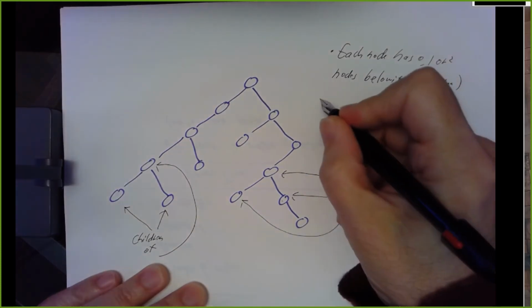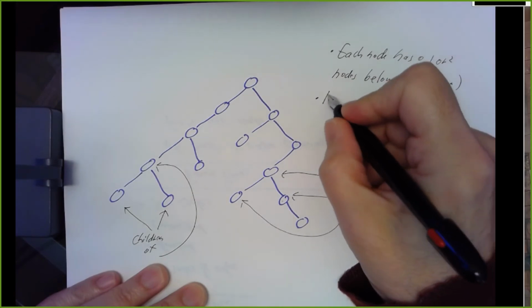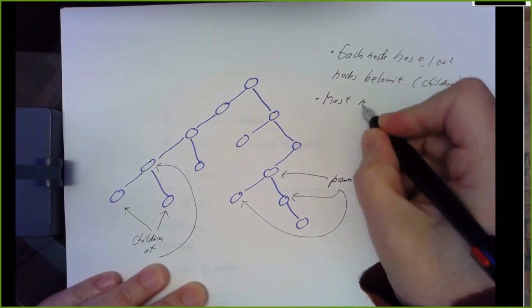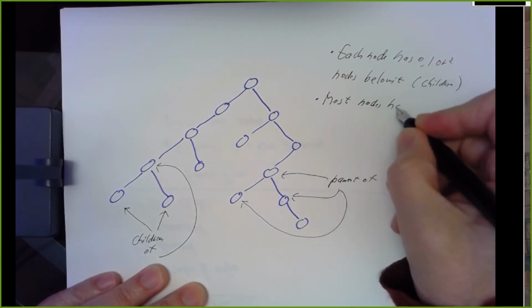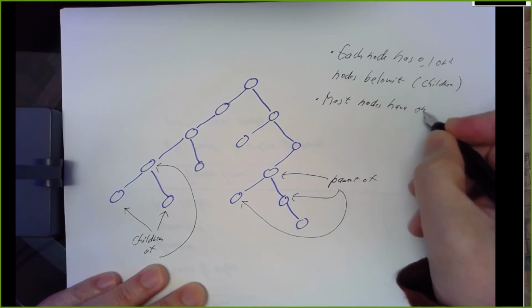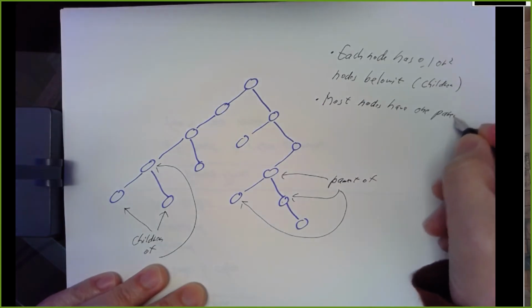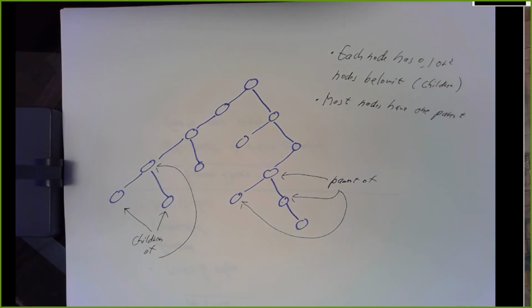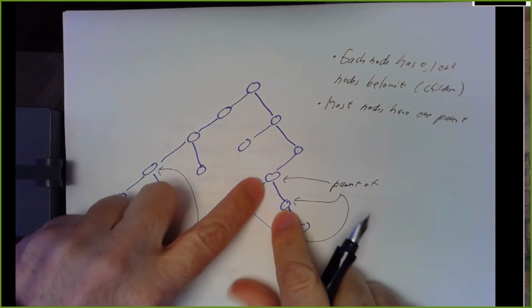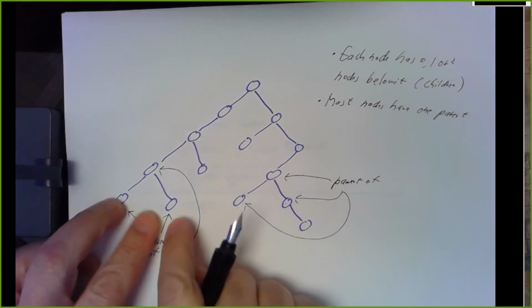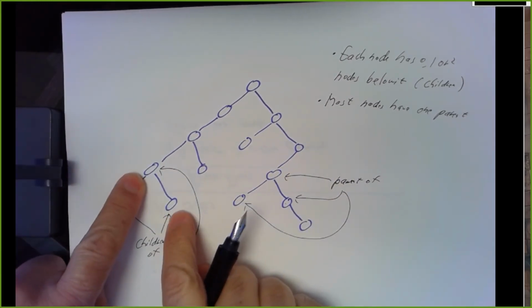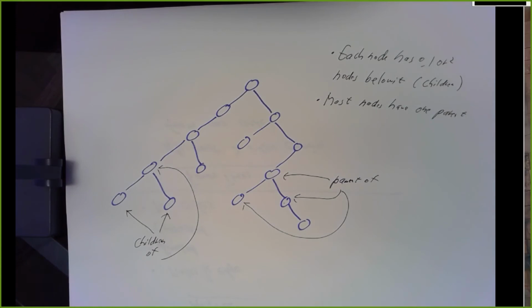All right, additionally, most nodes have 1 parent. So this node has a parent, it's that one. This node has a parent, it's that one. This node has a parent, which is that one. But there is one node with no parent. Where is that?